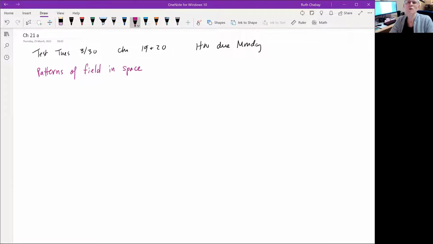And you can predict field. If we know where the source charges are and how they're moving, then we can use the Coulomb field equation or the Biot-Savart equation to predict the values of electric and magnetic fields at other locations in space. And you've done this with pencil and paper, and you've done it with computers.